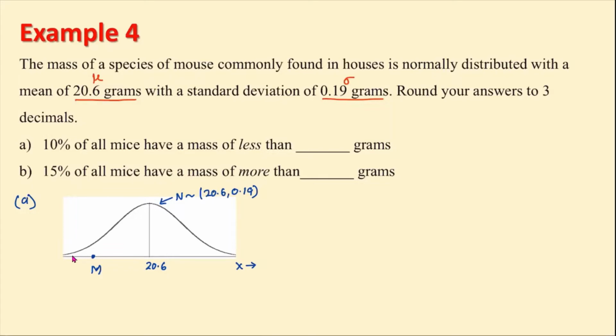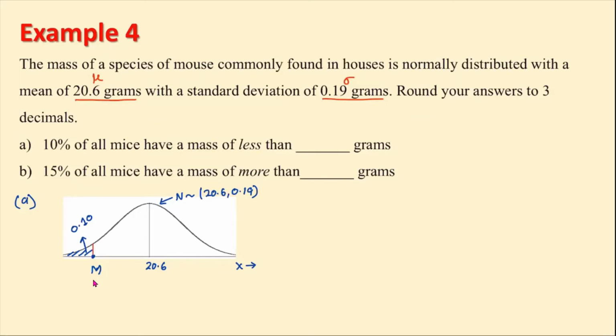So that means on the tail here, the total area will be 10%, or 0.10 if you want to write it as a probability. So you have 10% area below that. 10% of all mice have the mass less than how much? We have to find that M.